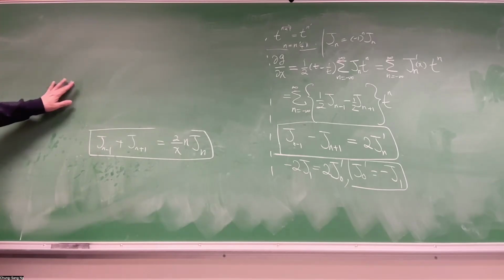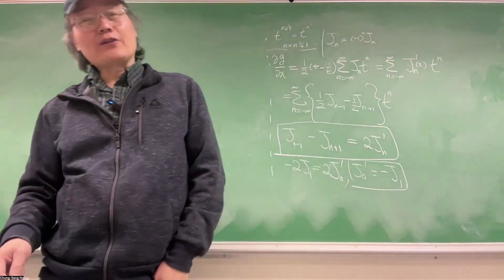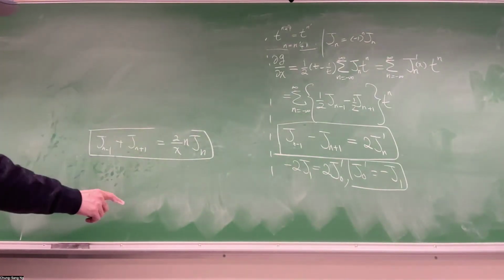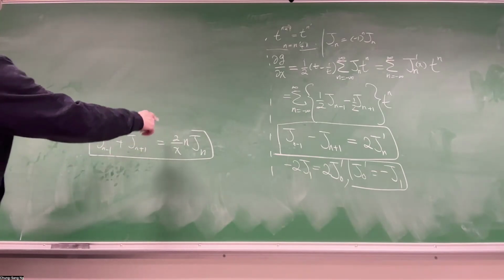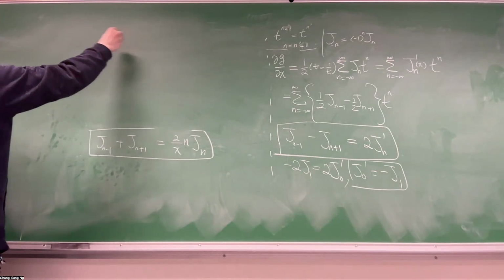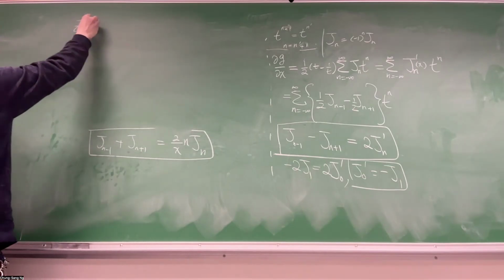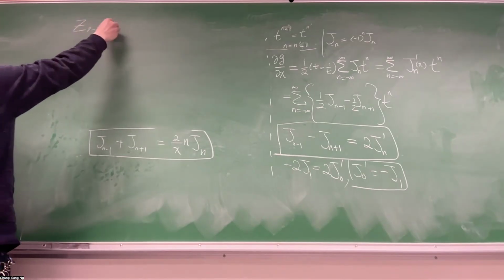So they all satisfy the same recurrence formula, but not the modified Bessel function. They satisfy slightly different recurrence formula. But anyway, for all those Bessel functions that satisfy these two, we can write it like so: Z_{nu-1} + Z_{nu+1} = (2nu/x) Z_nu. Nu is the order.